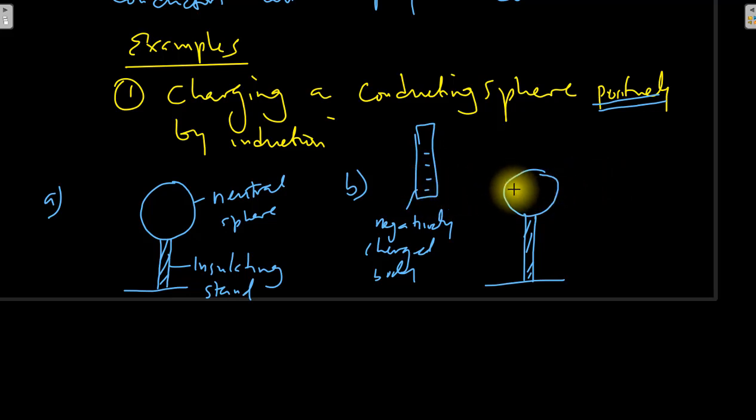I bring it near here. Remember, for a neutral sphere, this basically means there is an equal number of opposite charges, so an equal number of positive and negative charges. So basically, these charges that were initially neutralizing each other will now redistribute themselves due to the presence of a negative charge.